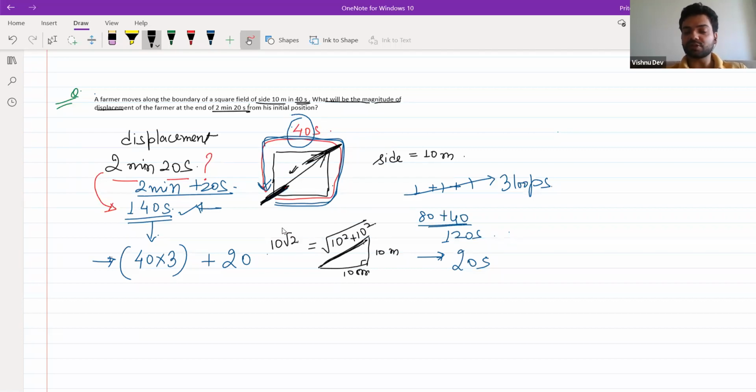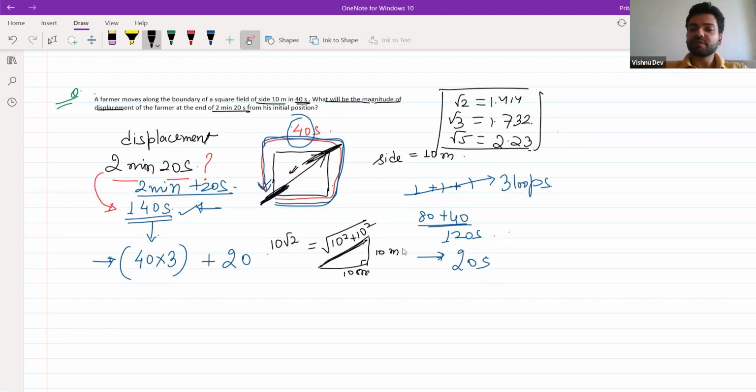You have to remember the approximate values of root 2, root 3 and root 5, 2.23. These approximate values will be very helpful. If I put the value of root 2 as 1.4, we get approximately 14.14 meters. Is it clear to everyone?